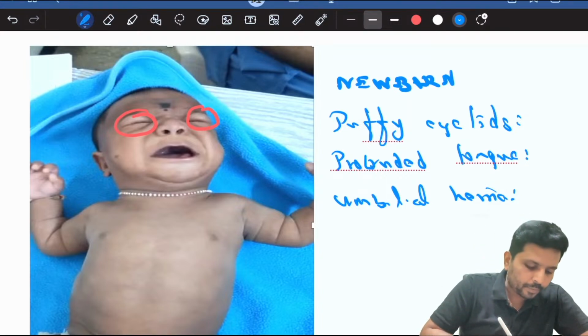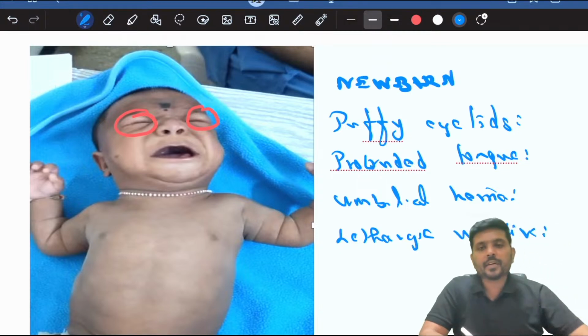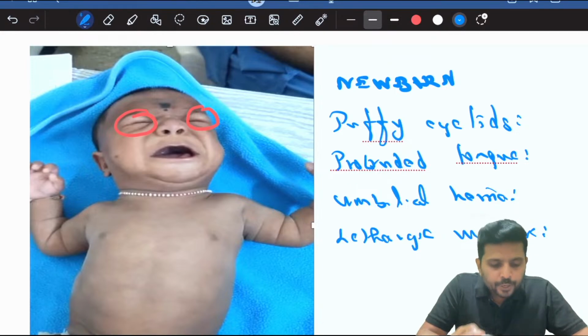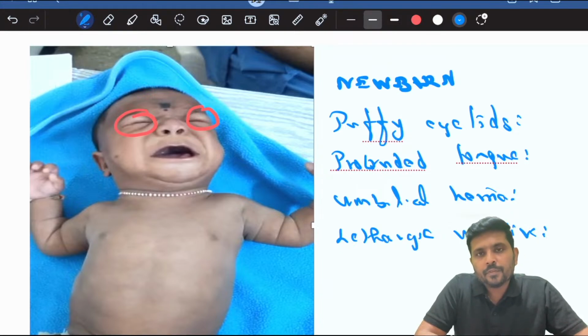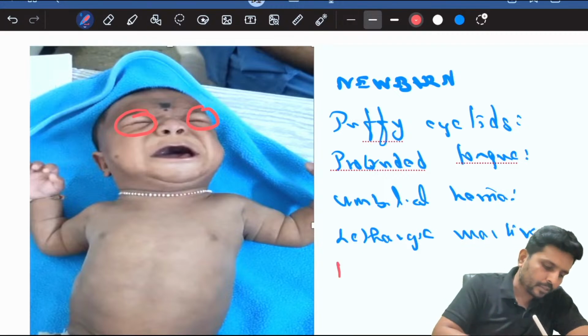The child will be lethargic, inactive, despite absence of sepsis. In a newborn, whenever we speak about lethargy and reduced movements, you need to think in terms of sepsis. But one other diagnosis which mimics clinical sepsis, but there is no microbiological evidence of sepsis, is hypothyroidism. So this is a newborn with hypothyroidism.